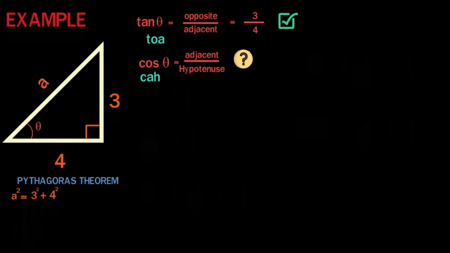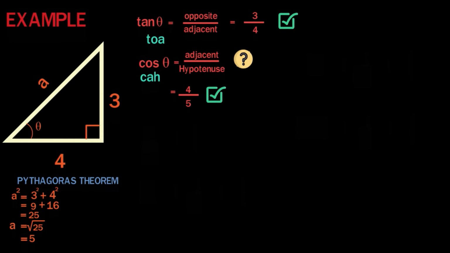So 3 square is 9 plus 4 square is 16 is equal to 25. So A equal to square root of 25 is equal to 5. So let's say we have the hypotenuse equal to 5. So adjacent value is 4, hypotenuse is 5. So we have cosine theta equal to 4 over 5.